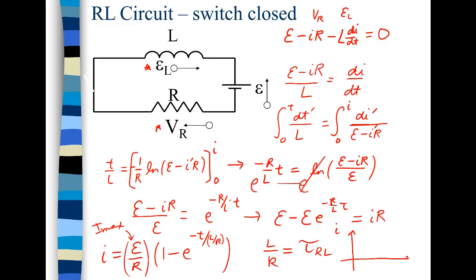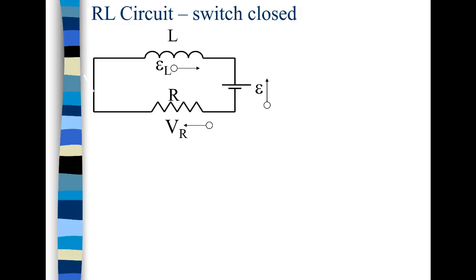We said that we had current in time, and at t equals 0 the switch is turned on, and instead of jumping up immediately to I max, the current gradually increases because of the back EMF from the inductor. So that makes sense, and this is our equation for closing the switch. Okay, so when the switch is closed, this is what's going to happen.